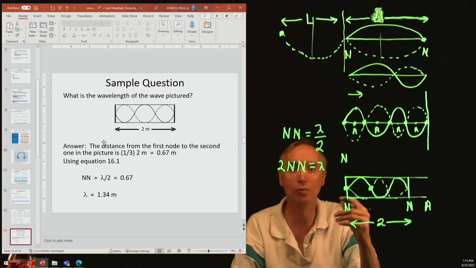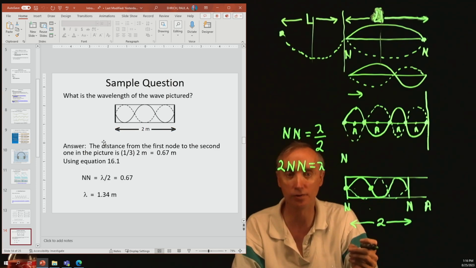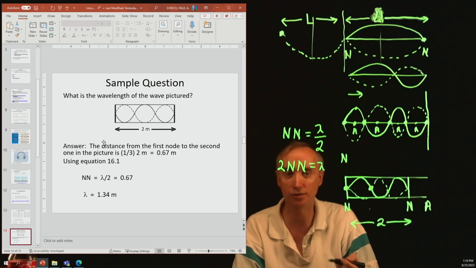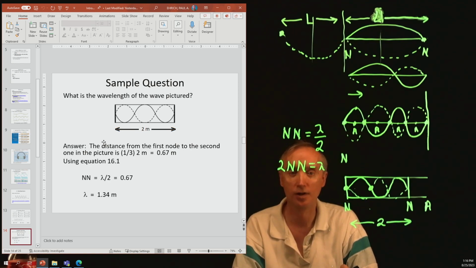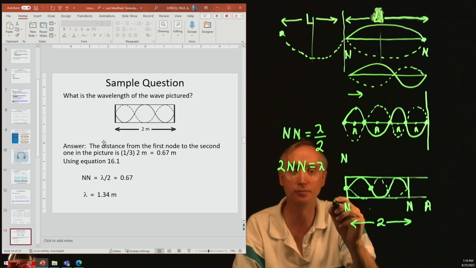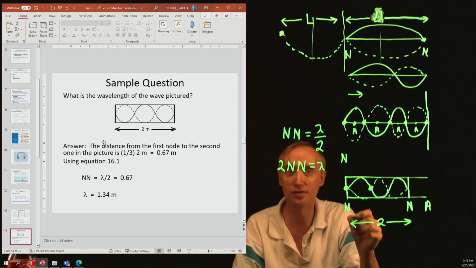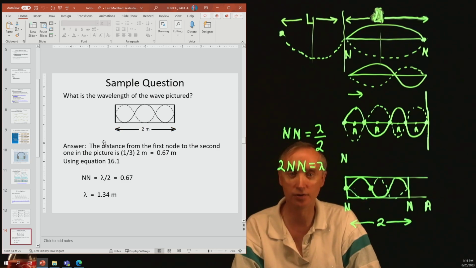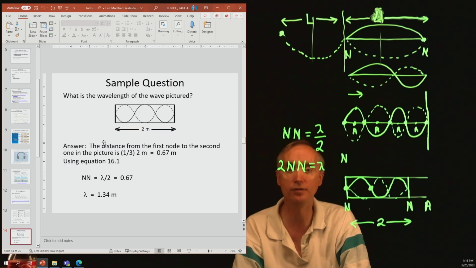So we need to take 1/3 of 2 meters, which is going to be 0.67 meters. So the distance from a node to a node is going to be 0.67 meters, but it's also equal to the wavelength divided by 2. So solve that for lambda, and you get 1.34 meters.